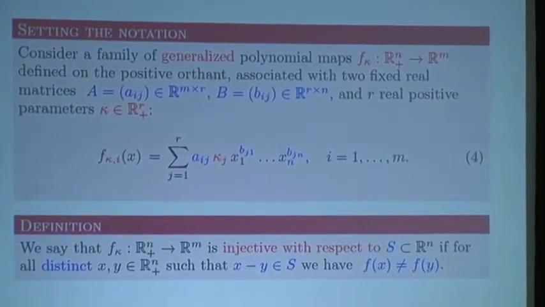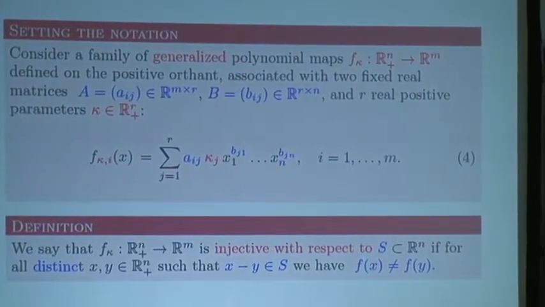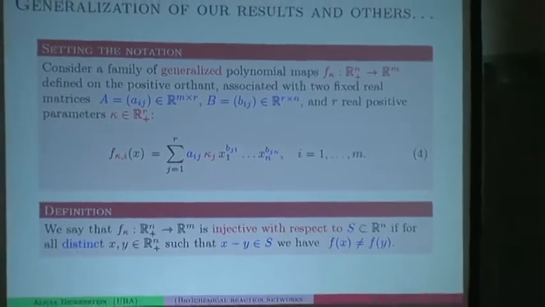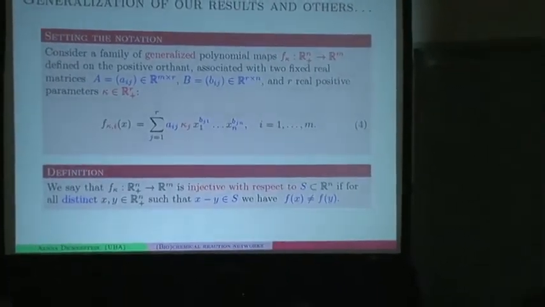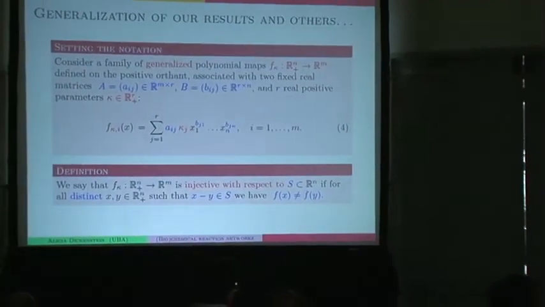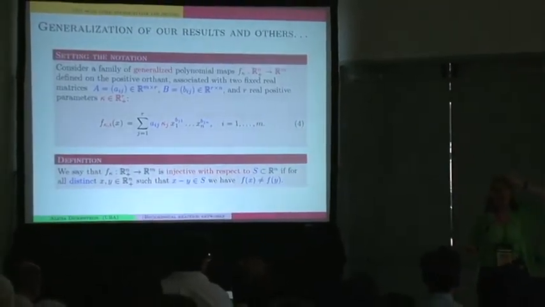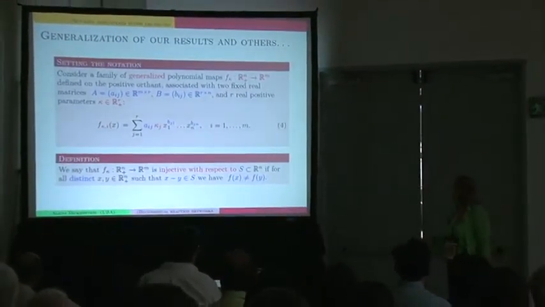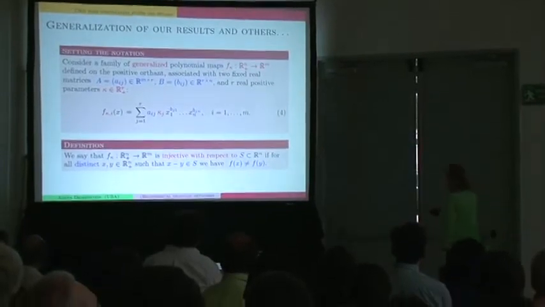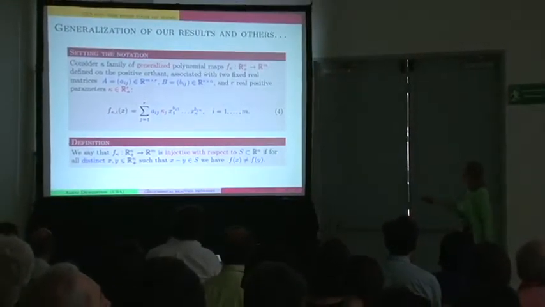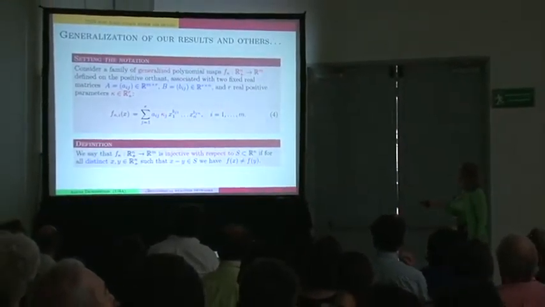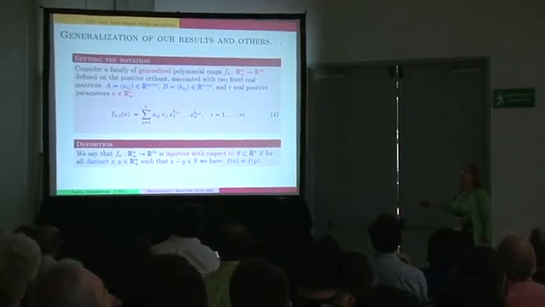As we are going to be concerned with the positive real solutions, we can use real exponents. We don't need to have natural exponents, and not even only integer negative exponents. We can have any exponents. So assume that this is what we call a generalized polynomial map, because our exponents could be just real numbers.